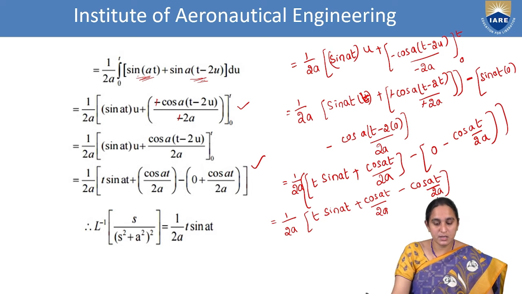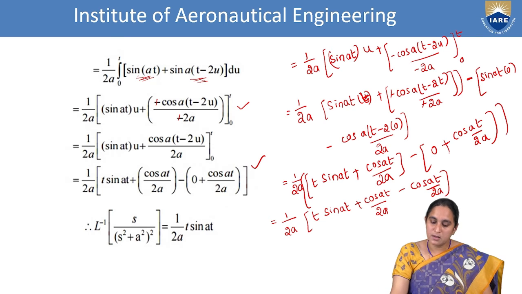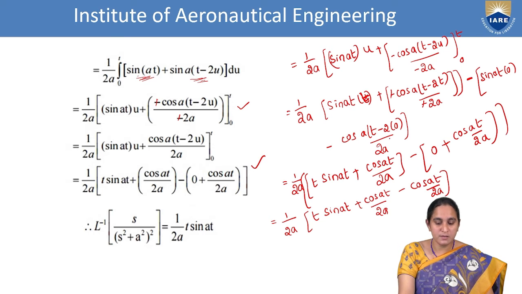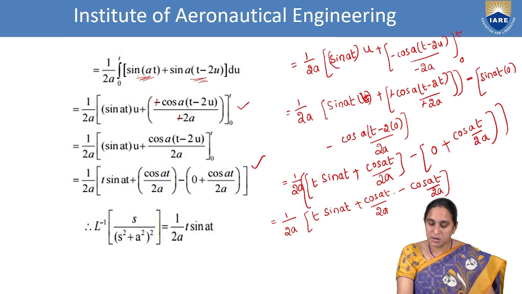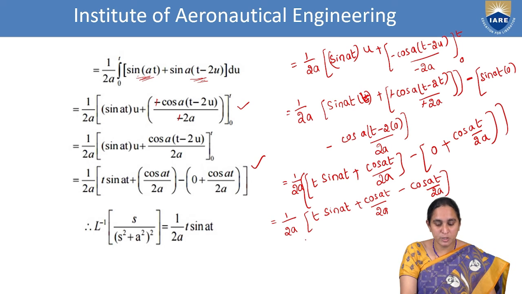Once you observe, this is plus, this is plus. Why? Because here cos a of (t minus 2 of 0) is cos at by 2a. After substituting the limit point, it will convert this as minus. That is 1 by 2a into t sin at plus cos at by 2a minus cos at by 2a.